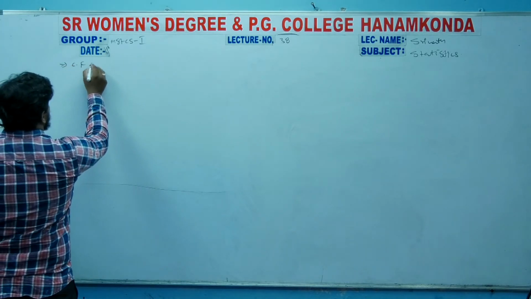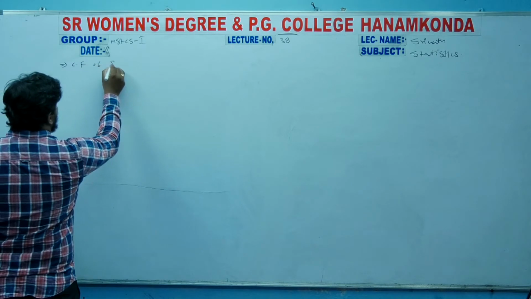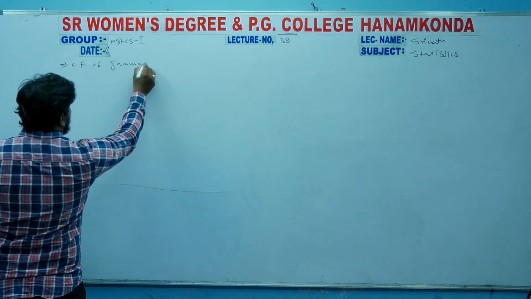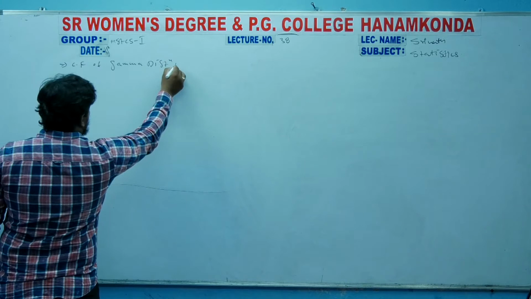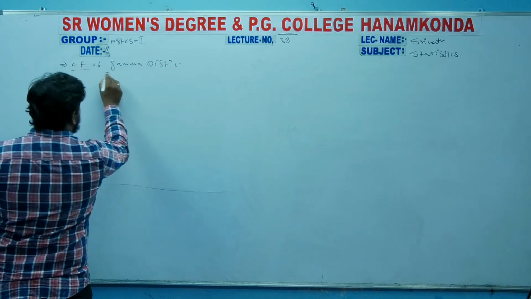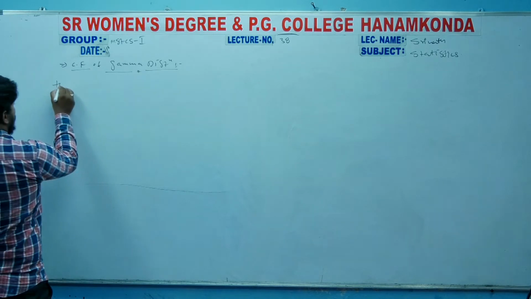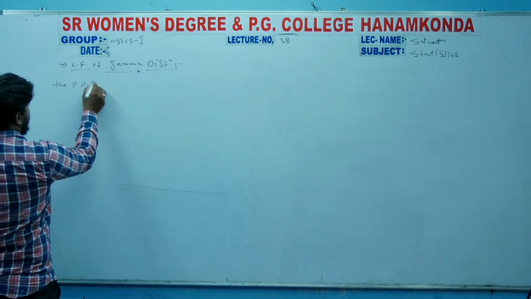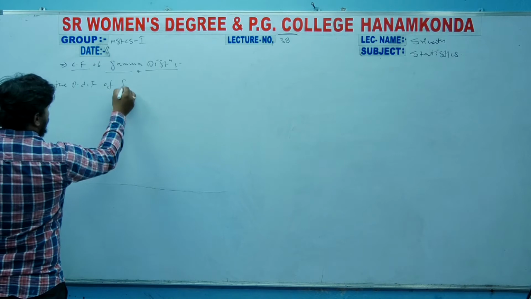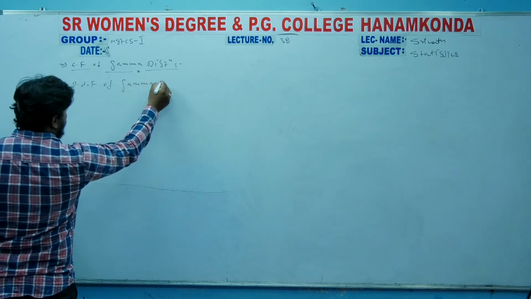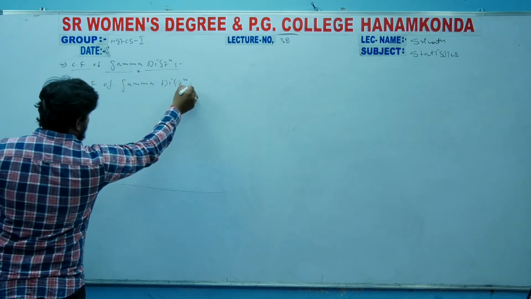The characteristic function of gamma distribution is given by the probability density function of gamma distribution.